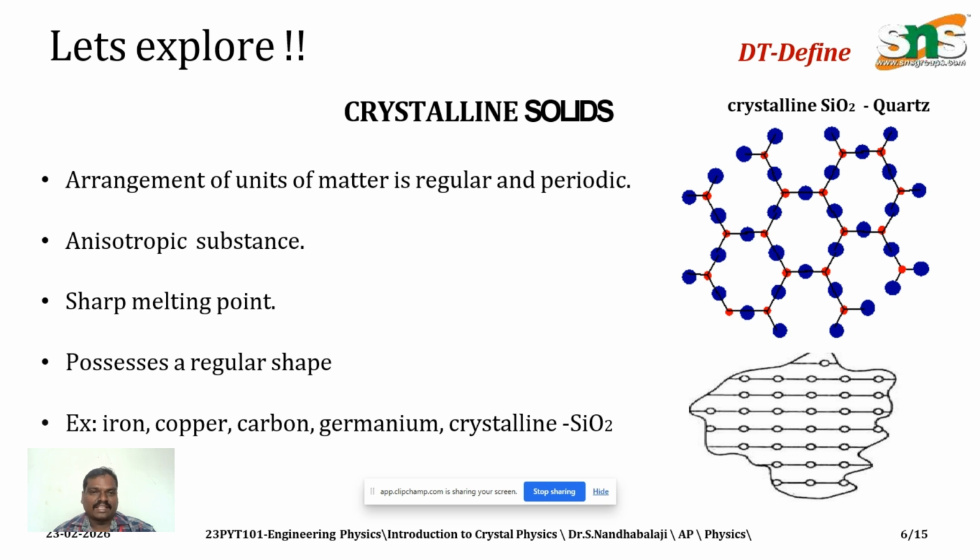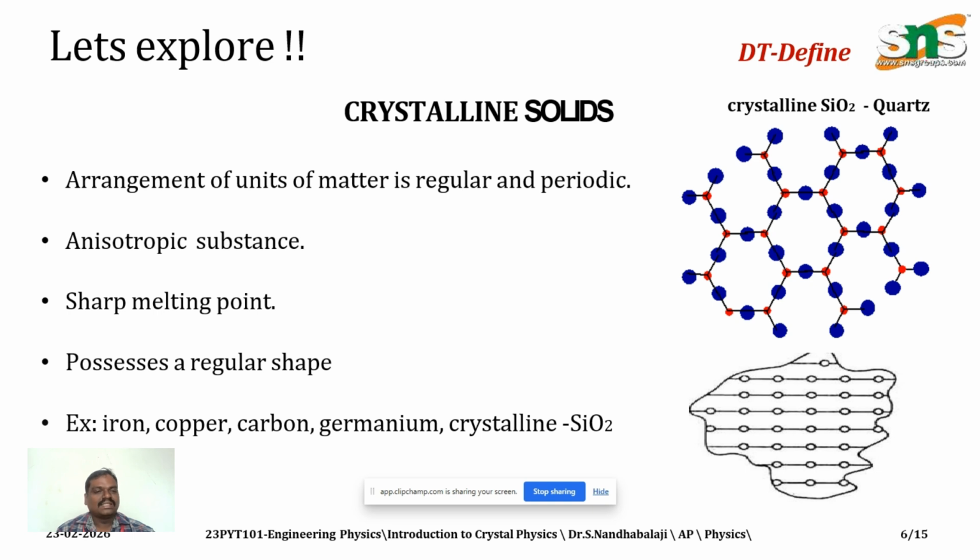First, we explore the crystalline solids. In the diagram of crystalline silicon dioxide, like a quartz system, the arrangement of atoms is very neat and regular. That's why we say that in crystalline solids the arrangement of units of matter is regular and periodic.